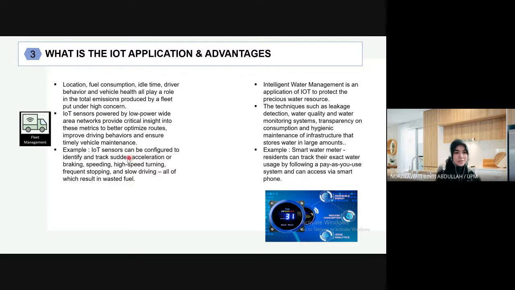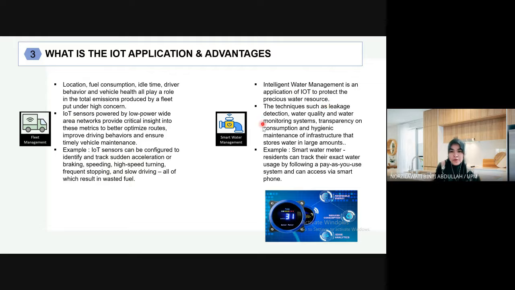So the example is IoT sensors that can be configured to identify and track sudden accelerations or braking, speeding, high speed turning, frequent stopping, and slow driving, all of which result in wasted fuel.